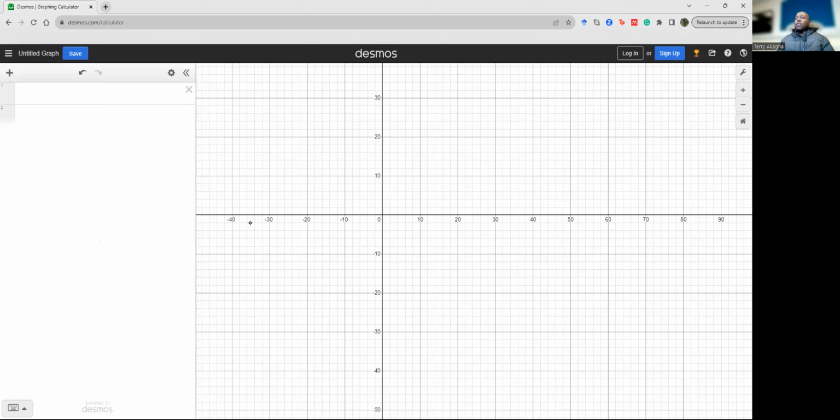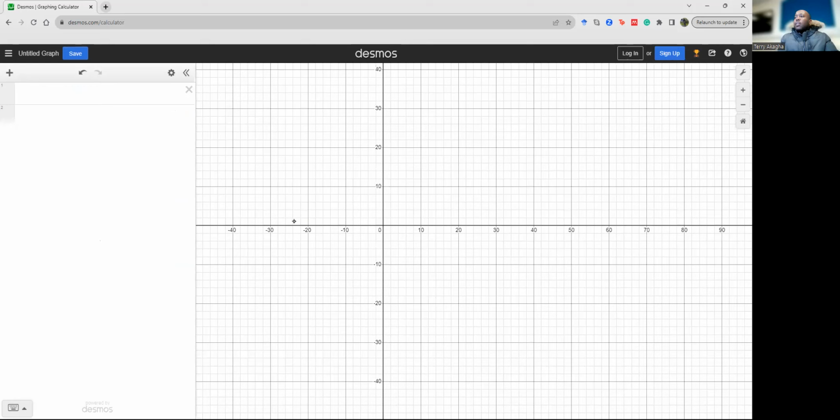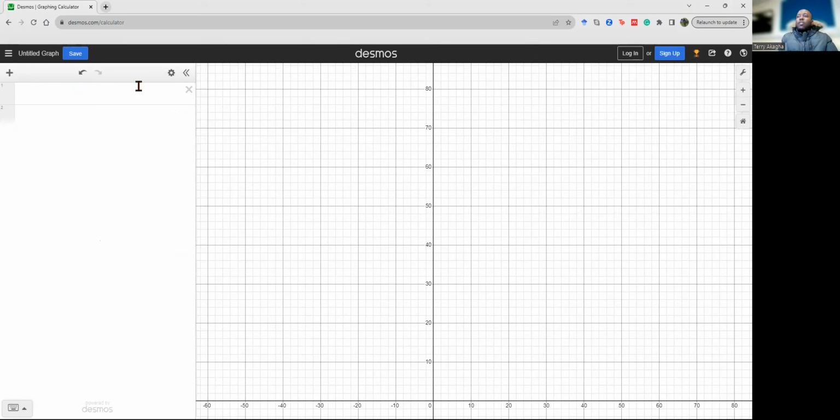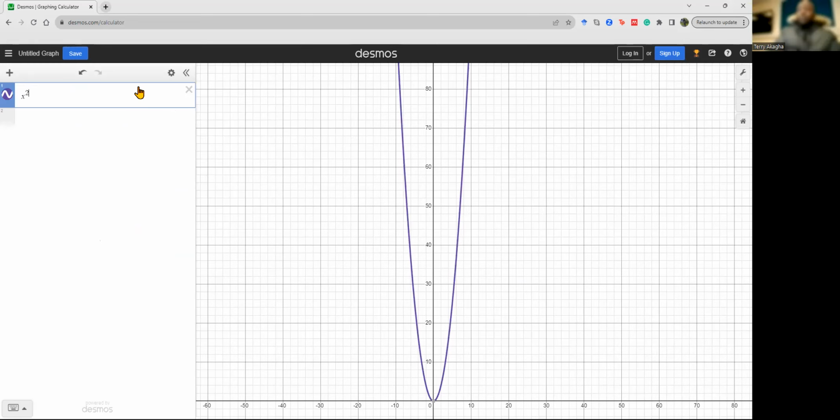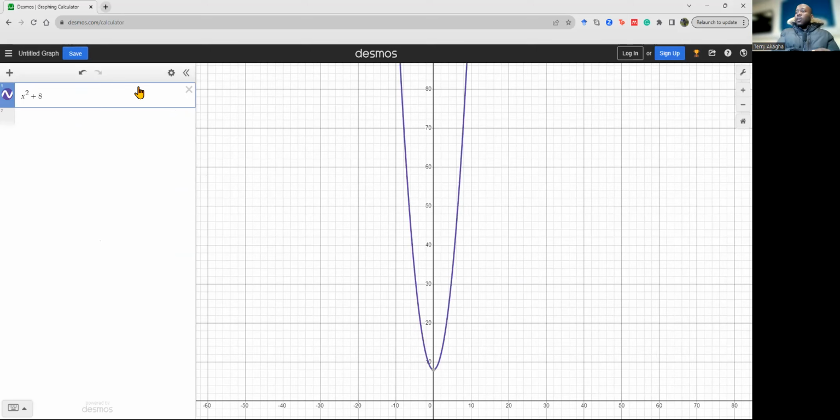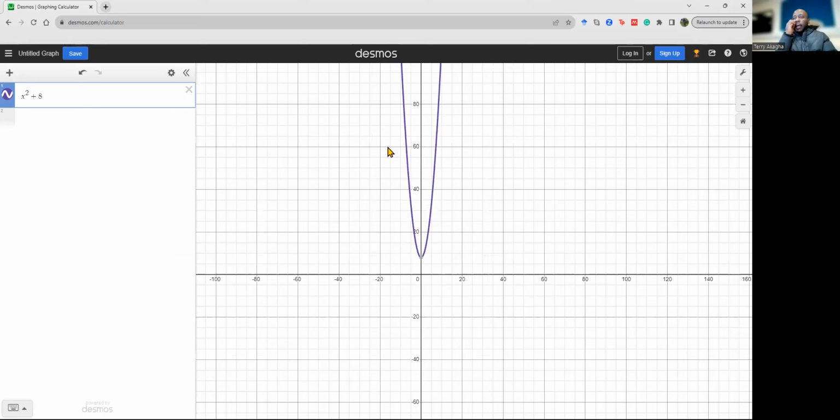Okay. So this is the graph here. The first one we had was x squared plus 8. So you can see this is the graph for x squared plus 8, okay?